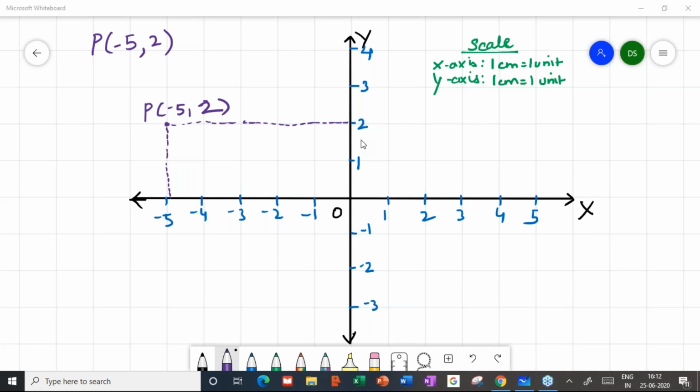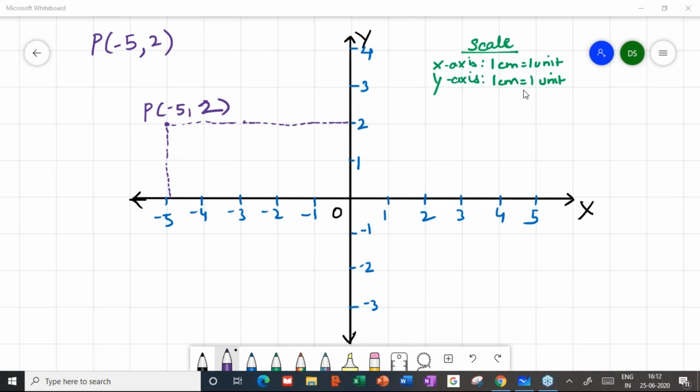Whether you've labeled the axis, whether you've labeled the origin, whether you've written the scale, whether you've mentioned the point, like if you've written P -5 comma 2, if you've drawn dotted lines. So do it as a good practice. It will be beneficial.